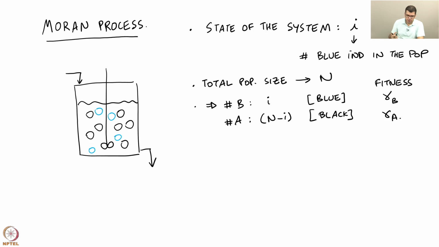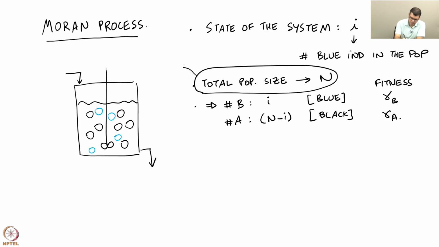Of course, we are not going to discuss the case where RB is less than RA, because as I said, selection will just get rid of the blue individuals that have come up in the population. So, in a Moran process, since this is a chemostat, the total population size always remains n. This condition is never violated.